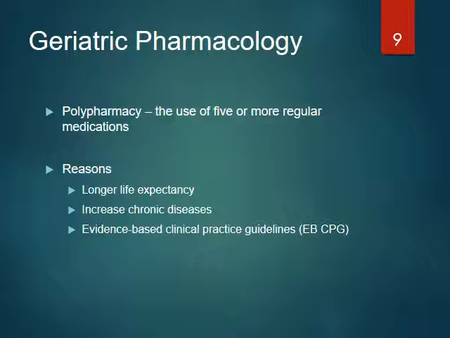But really, when you're looking at the increases in incidence of chronic diseases, if you look at trying to follow all the evidence-based guidelines, you see that the medications start to stack up pretty quickly. So if you have a patient with hypertension, CHF, and say diabetes, that list can exceed 5 medications very quickly. And so it's no wonder that in a lot of cases, you won't necessarily be able to get away from utilizing so many medications for these patients. But we'll talk about therapies and strategies as we move forward to try to limit that whenever possible.